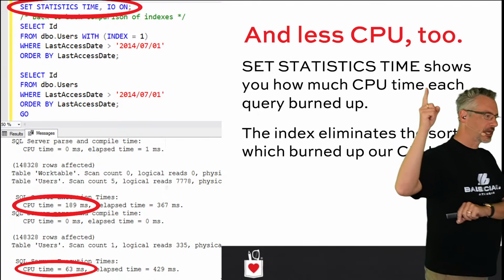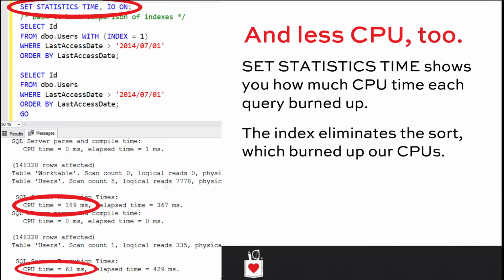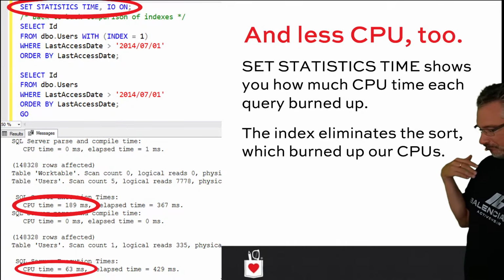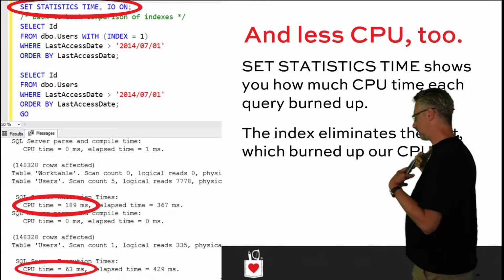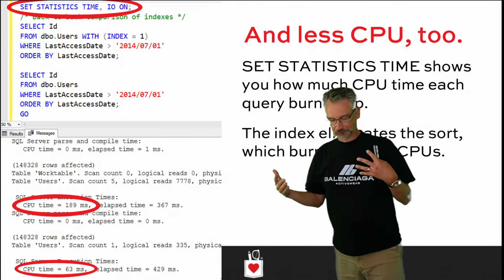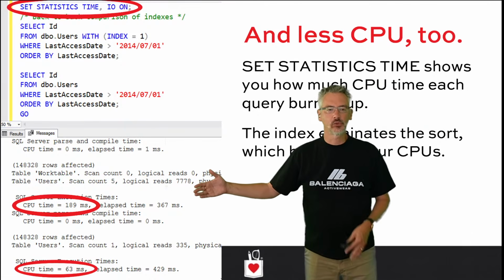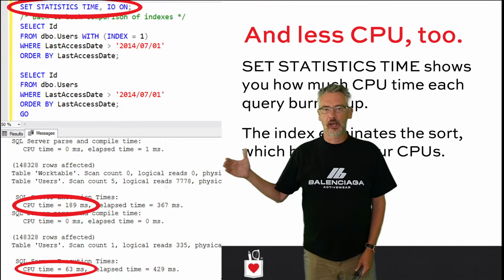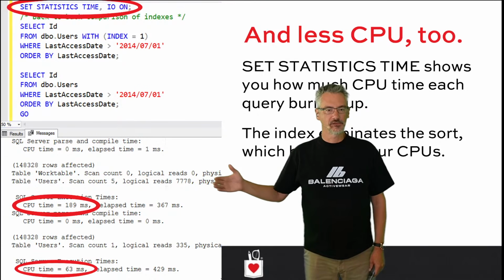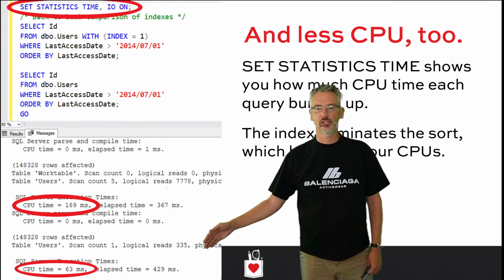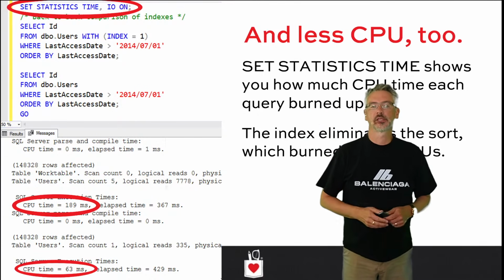Set Statistics Time On shows you how much CPU time you burned executing that query. And in theory, the easier that I make my computers work for building a query, the less CPU time I use, the less my licensing costs are going to be. Before, when I had to sort the result sets, we were talking about 189 milliseconds worth of CPU. Now that the data is already sorted, the CPU time has plummeted as well.